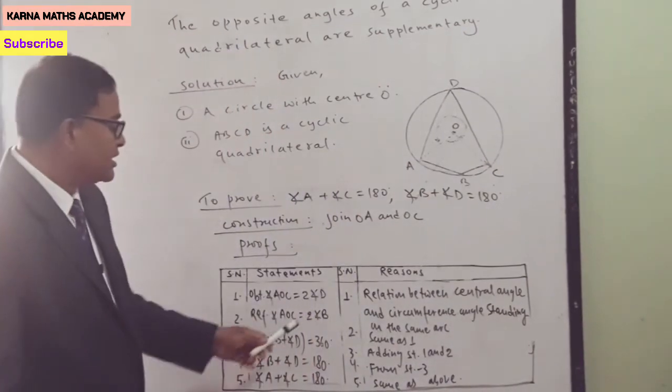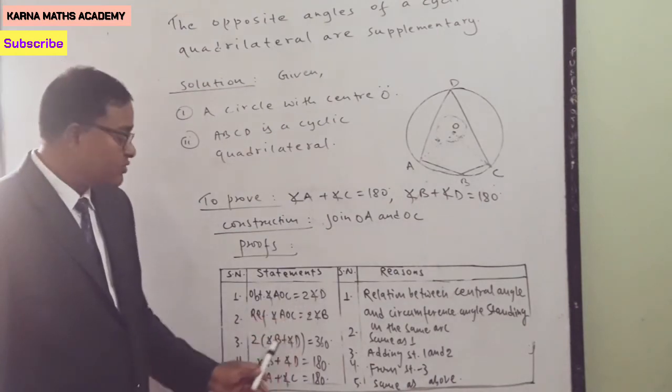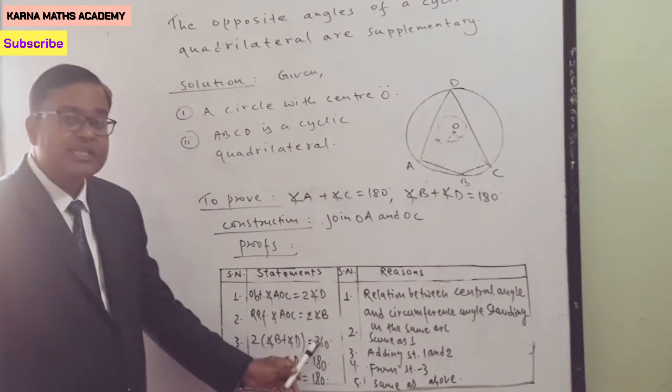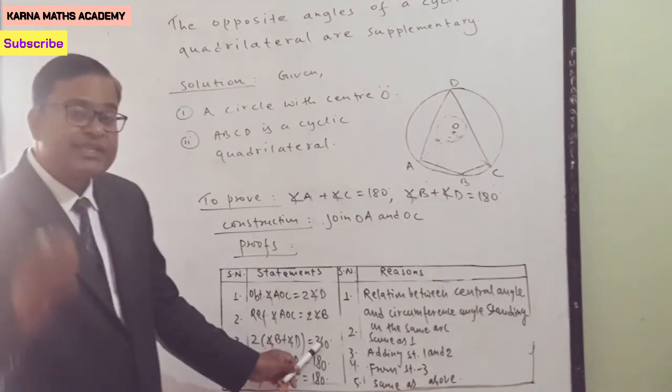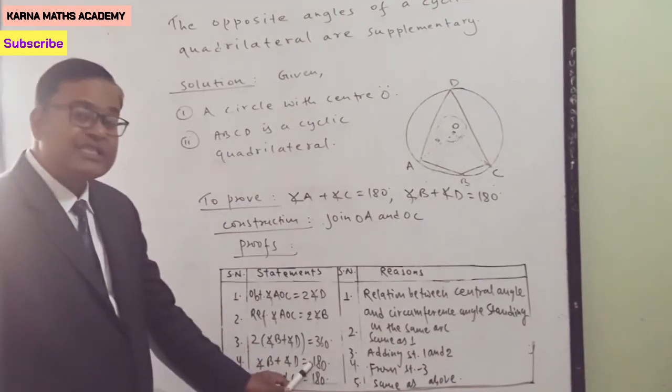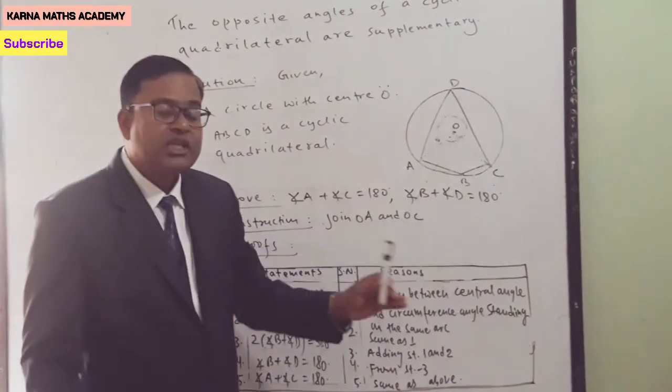So dear students, the sum of the statement number 1 and 2, we get 360 degree, because obtuse angle AOC plus reflex angle AOC is 360 degree. So when 360 is divided by 2, we get 180 degree. That means we have easily got B plus D equals 180 degree.